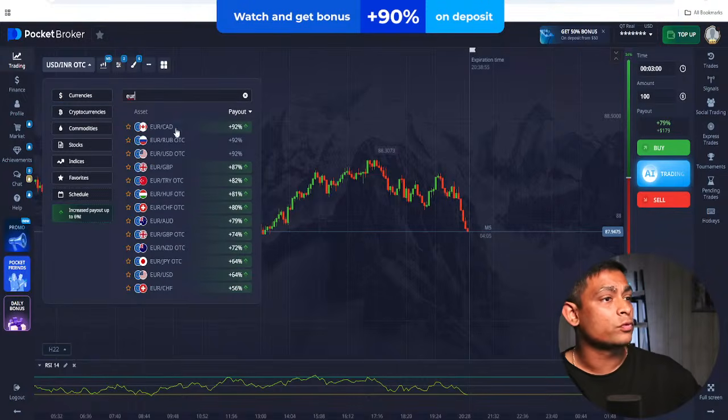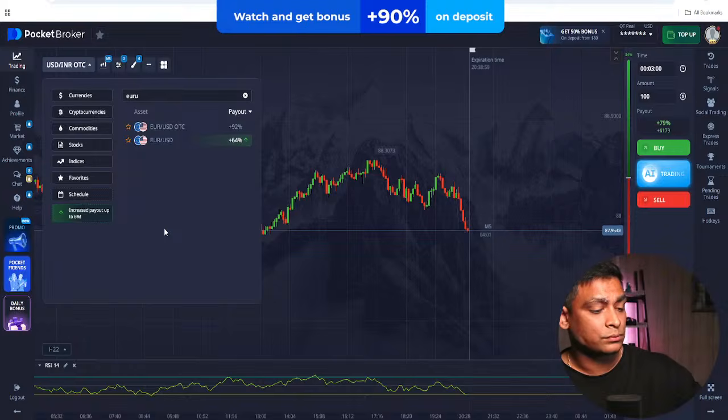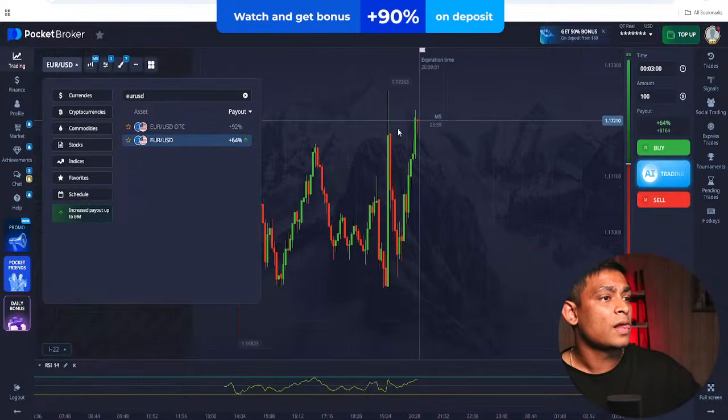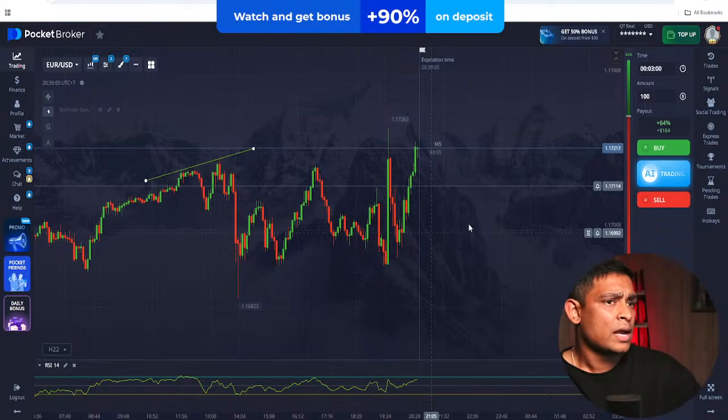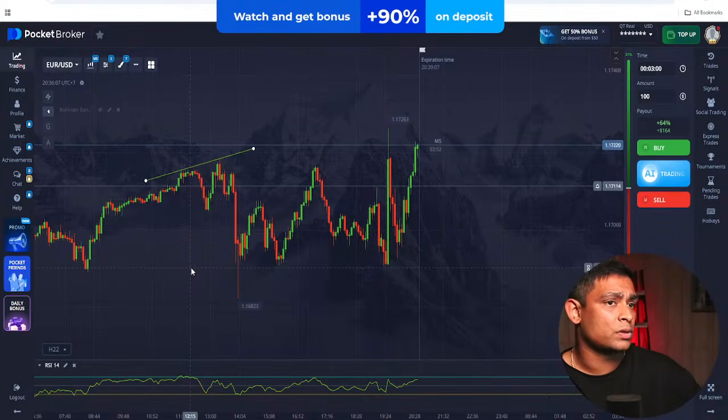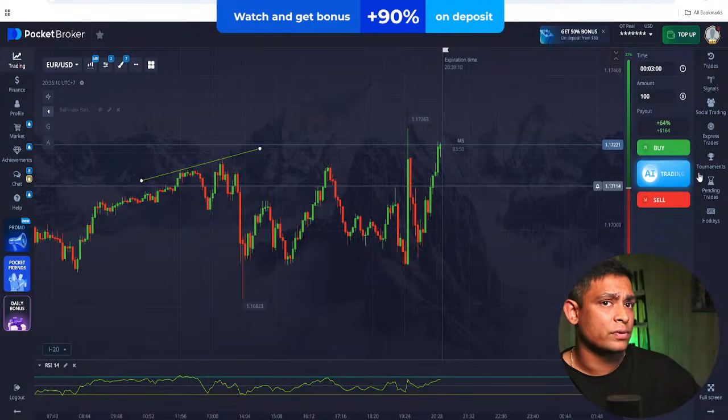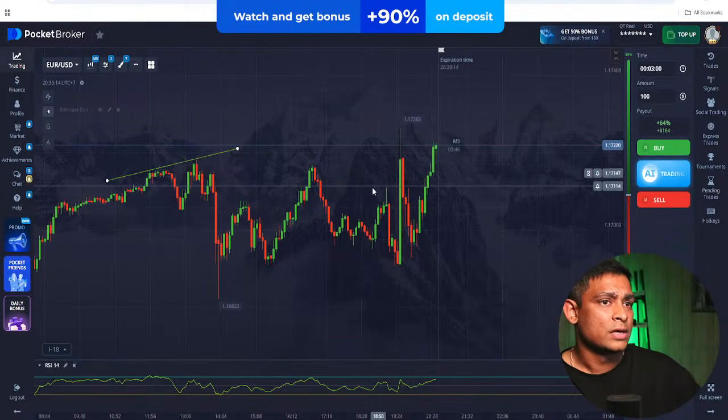So let's try to figure it out on Euro Dollar, and then we will see if this return on investment gets higher or not.